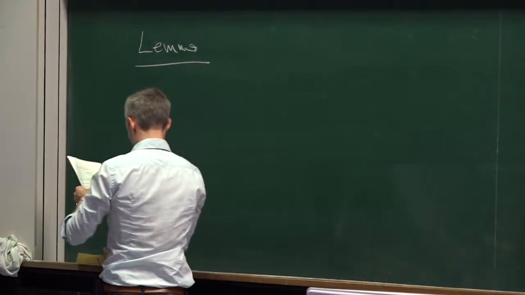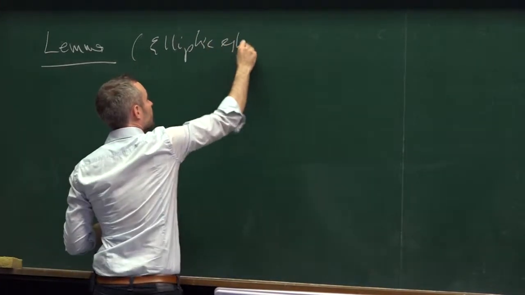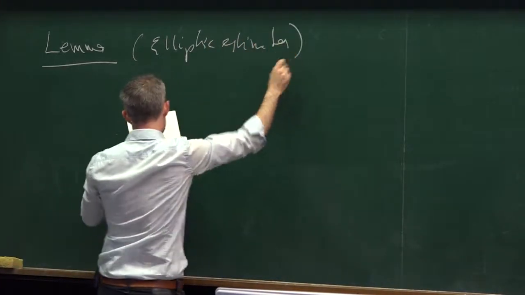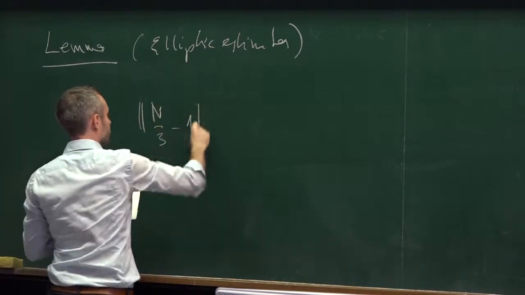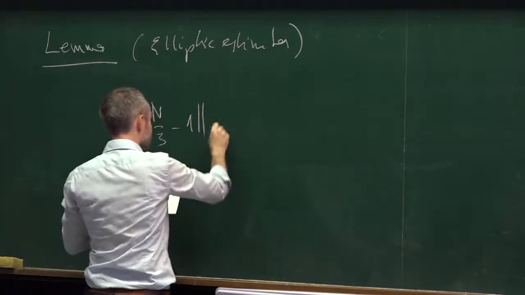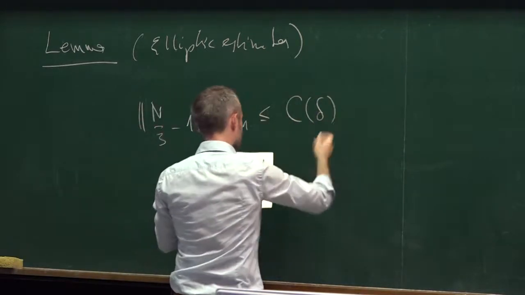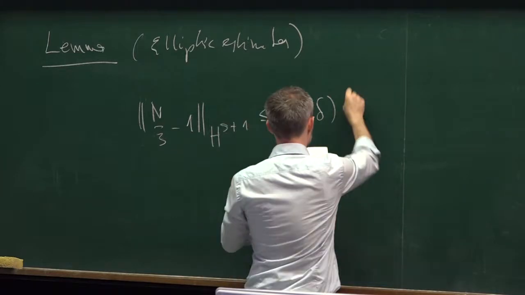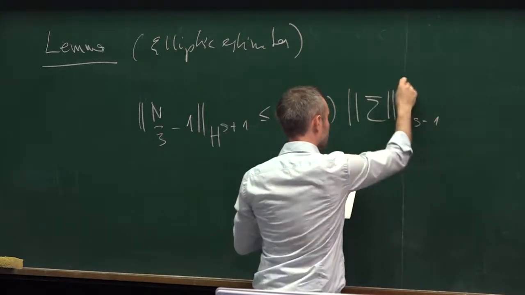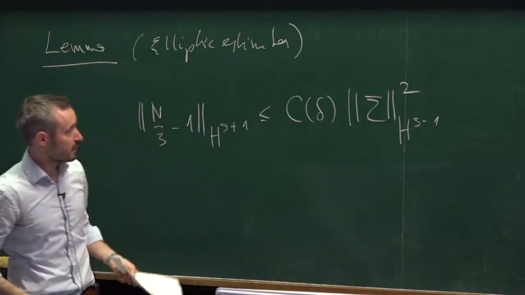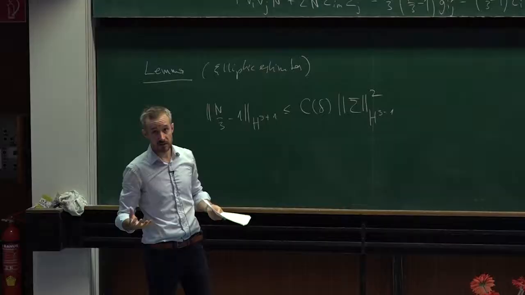So the elliptic estimates, what do we get? First, we get for the perturbation of the lapse an estimate where the constant only depends on delta, where it's important that this is bounded by sigma square. Again, sigma should be small, and sigma square is then even smaller.